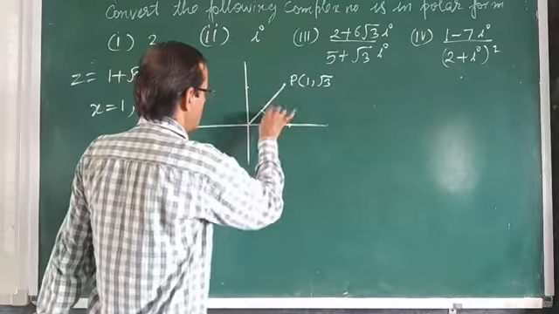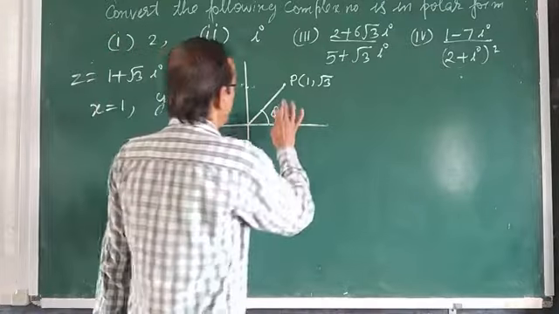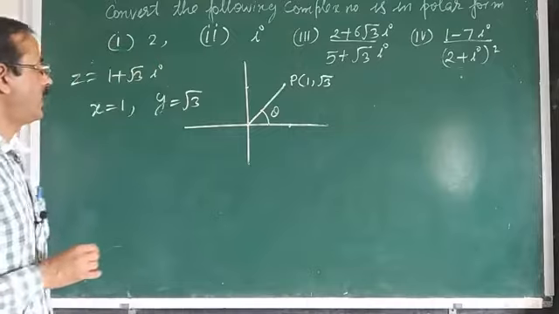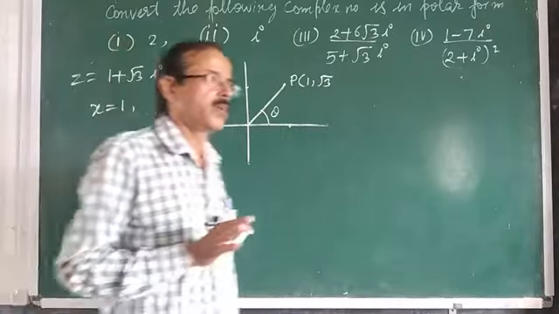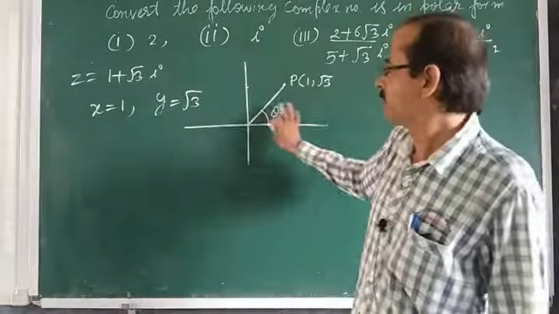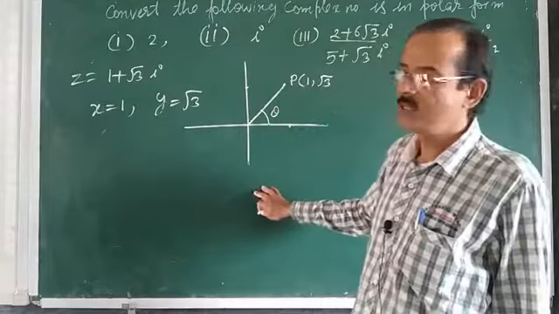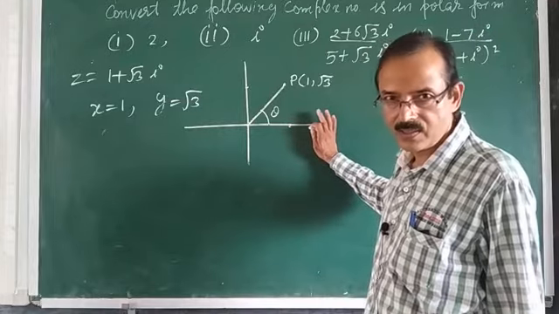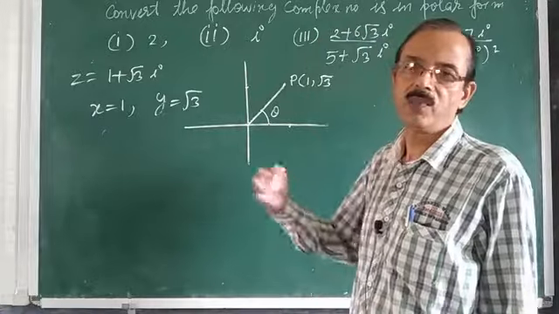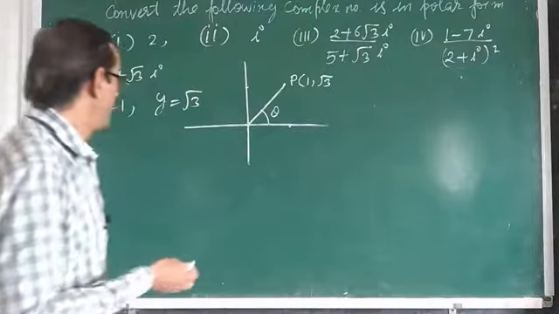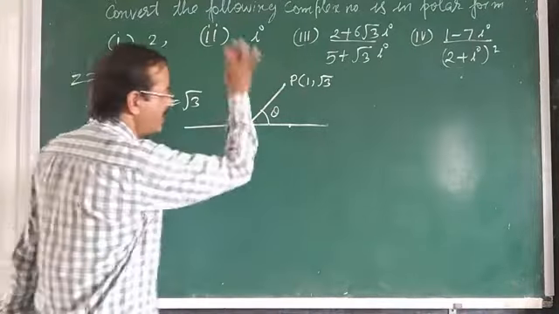If theta is the argument of the complex number, we have to find theta. It is very easy. We explained in a simple way that you take tan, as mod of y upon x, otherwise you find x in the form of cos theta and y in the form of sin theta.